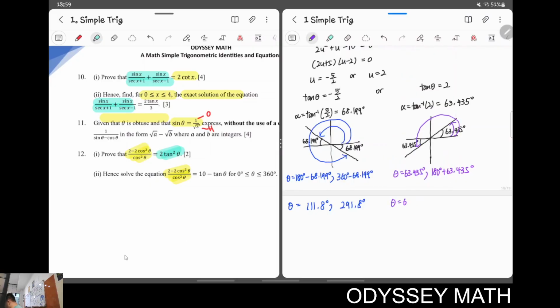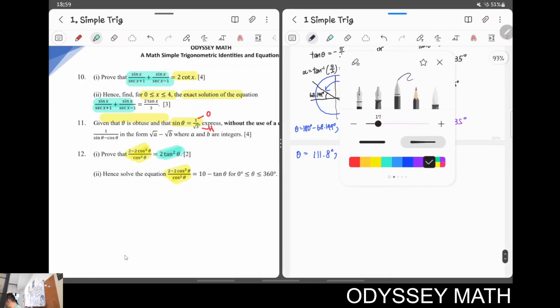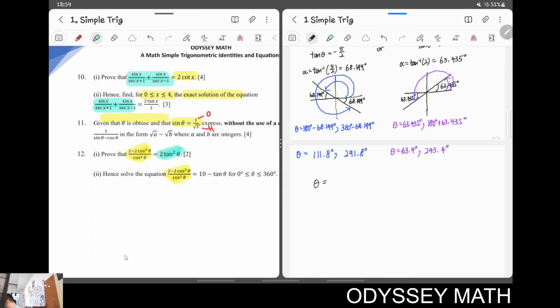So this is 63.4 degrees, 1 dp, and then this is 243.4 degrees. Let me write the answer properly in ascending order. So theta equals to 63.4 degrees, 111.8 degrees, 243.4 degrees, and 291.8 degrees.